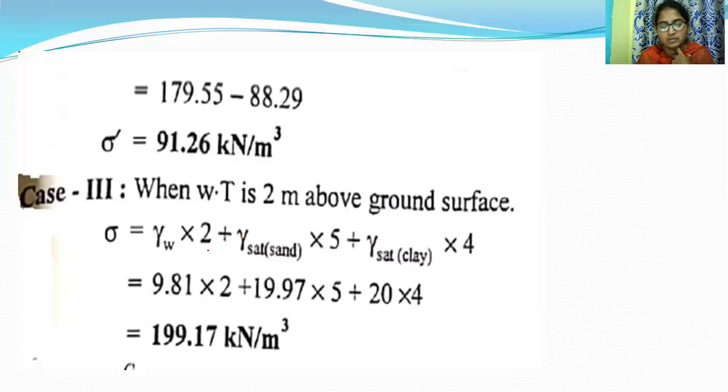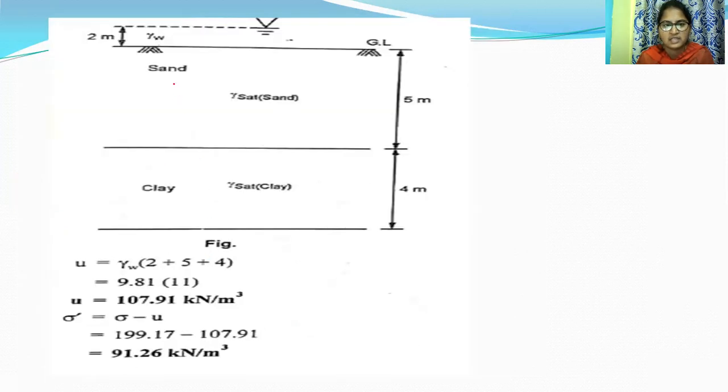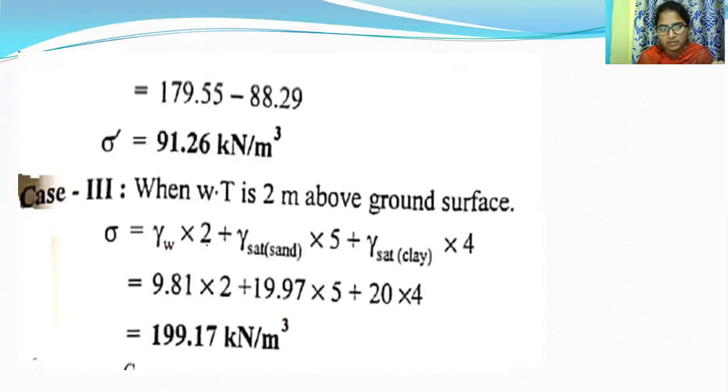Gamma W into 2, due to capillary water flowing by gravitational force, and the top of the layer also has moisture. So gamma W into 2 plus gamma sat sand into 5 plus gamma sat clay into 4.